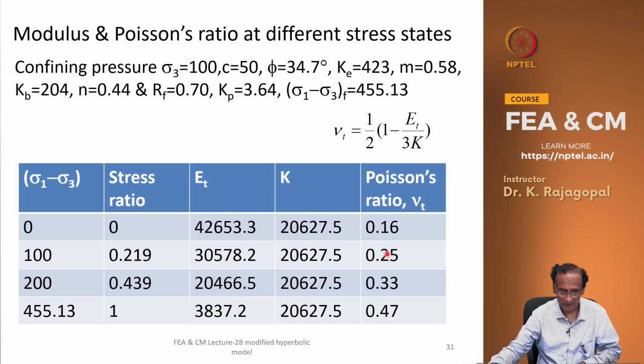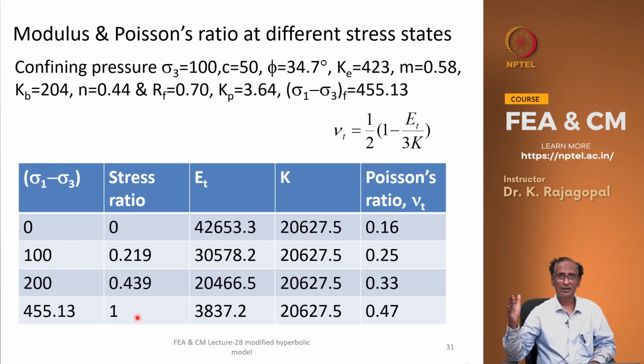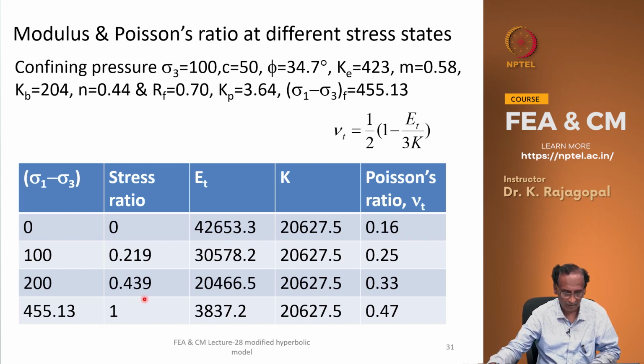At a stress of 100, our Poisson's ratio has increased to 0.25, at a stress of 200, 0.33, and at a stress of 455, our stress ratio is 1, that is sigma 1 minus sigma 3 by sigma 1 minus sigma 3 at failure, that is 1. The mobilized shear strength ratio is 1, and our Poisson's ratio is 0.47, which is close to 0.5.